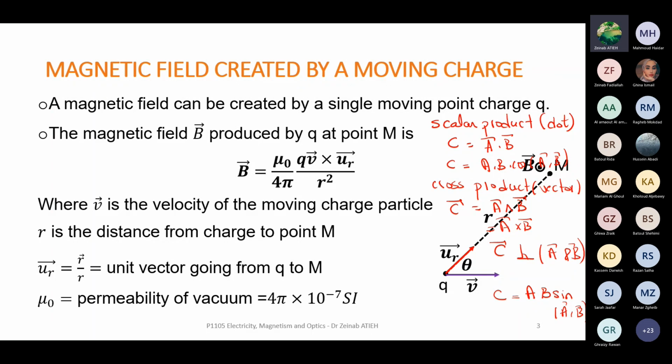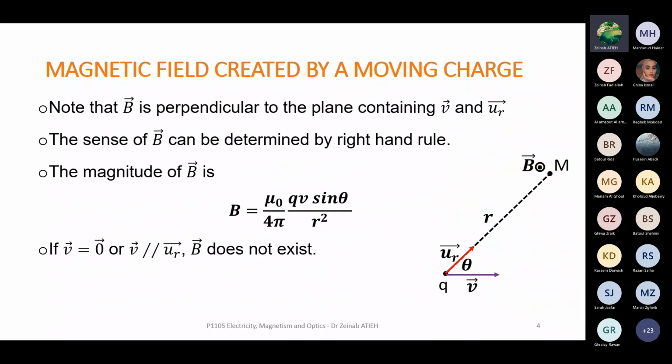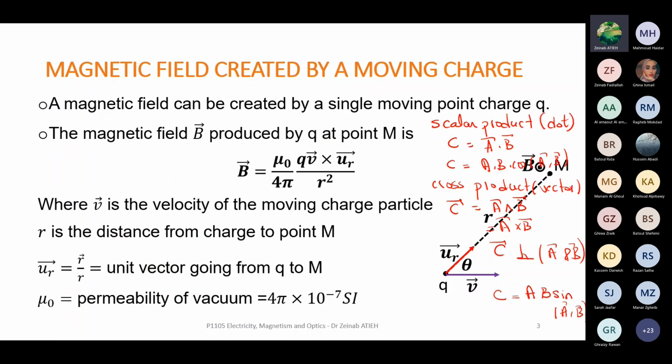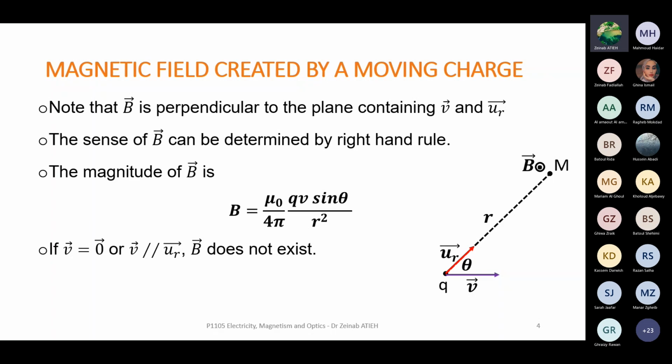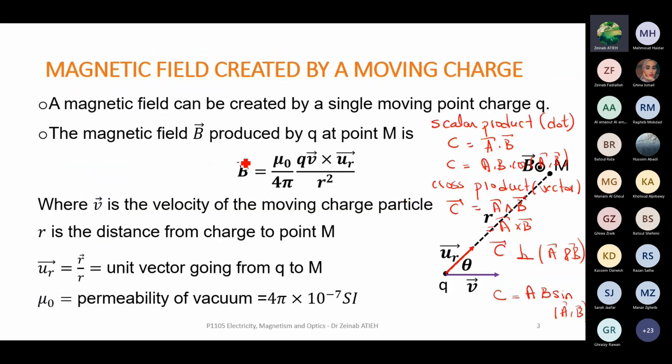Second note. First let me explain the idea before. So let's see how to draw the B vector. Depending on the cross product, we have to draw the B vector perpendicular to the plane containing V and UR. Let me erase what I have written.